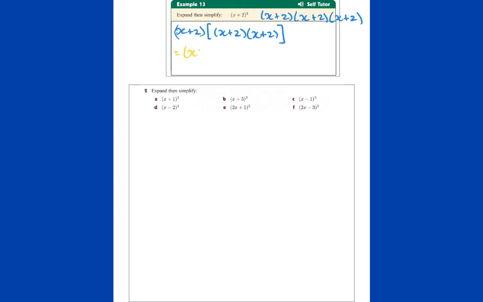So we've got x plus 2, so x squared plus 4 plus 2x plus 2x.